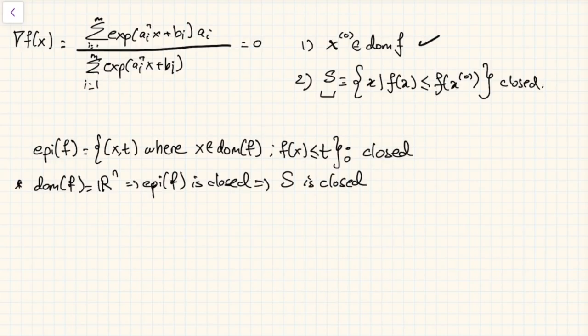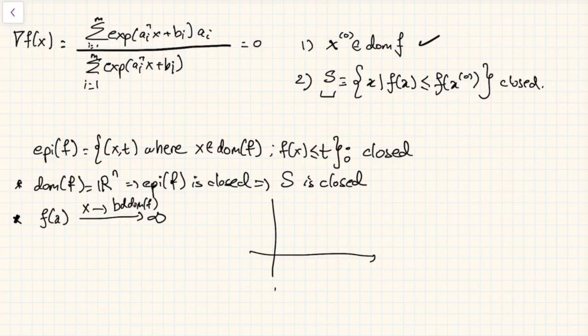And two is when your f(x) diverges, so it goes to infinity, as x goes to the boundary of the domain of f. One example is your log function. Your log behaves like this. The boundary is over here, and as you can see, your f is going to infinity as x approaches the boundary of the domain, which in this case is 0, as x approaches 0 from the right.